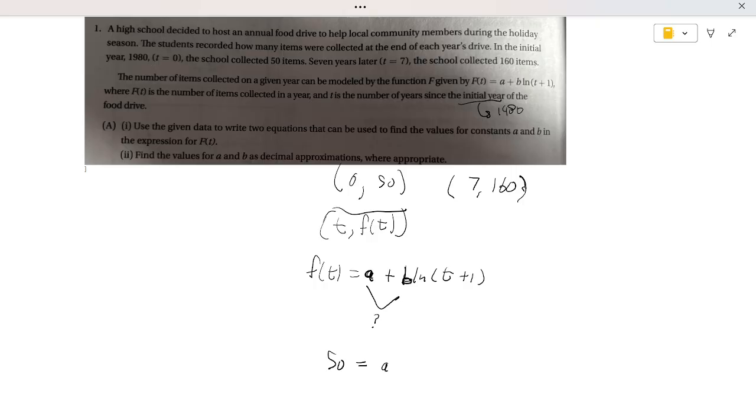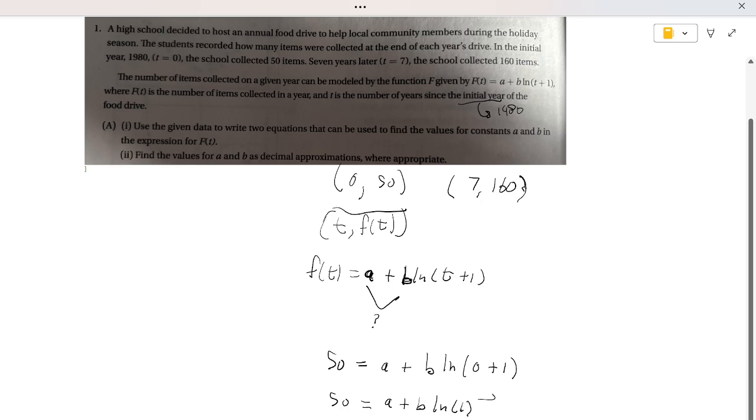So 50 is equal to a plus b natural log of 0 plus 1, or a plus b natural log of 1. Now natural log of 1 is equal to 0 because e to the 0 equals 1.